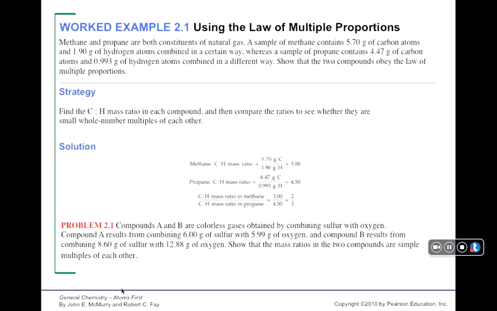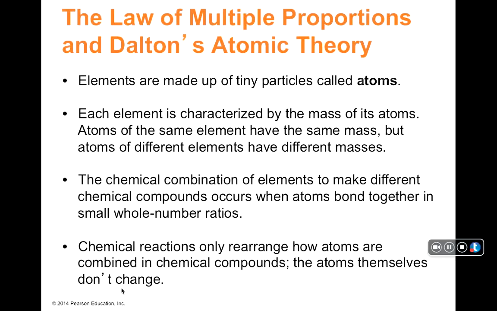So we get a whole number ratio. So that represents the fact that these compounds obey the law of multiple proportions. We'll talk a little bit further on later how we can also use this to do calculations and figure out what the actual formulas of compounds are. That will come later.